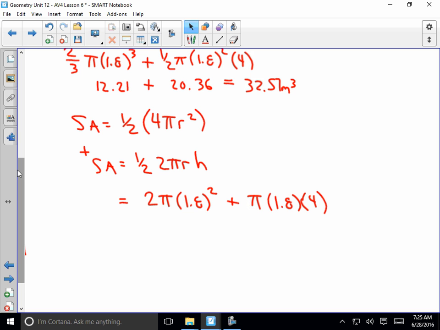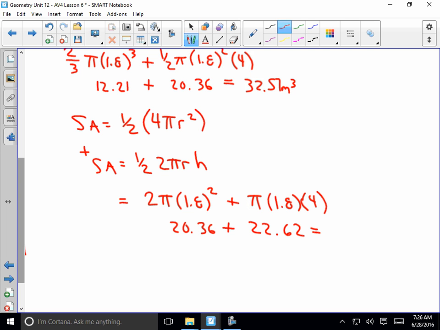So we've got 1.8 squared times pi times 2 gives us 20.36, plus 1.8 times 4 times pi, 22.62.